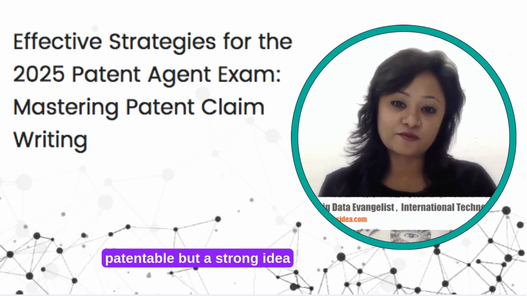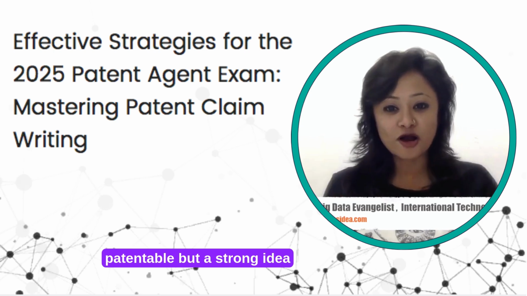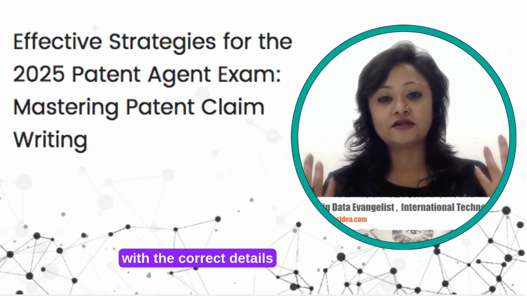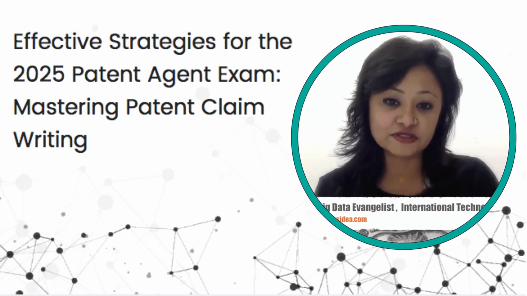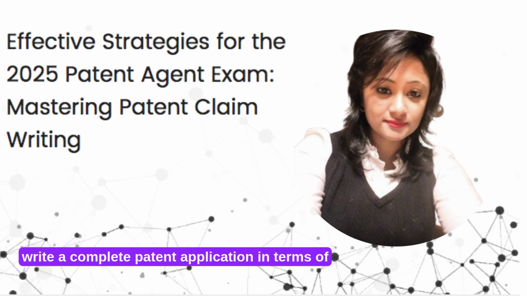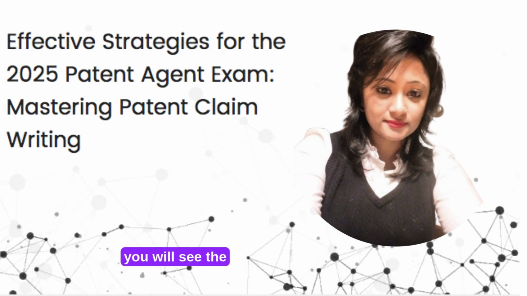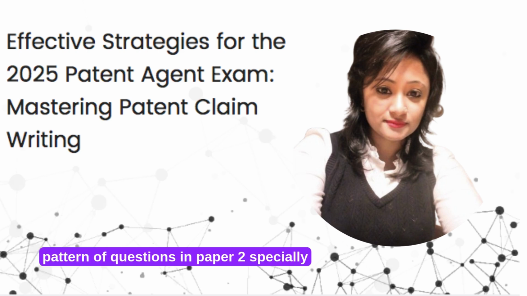An idea per se is not patentable, but a strong idea with the correct details, when the detailed description is written in the way it should be written. To write a complete patent application, you will see the pattern of questions in paper 2 especially, where you need to write a complete specification for the innovation or technology in question, or otherwise you will get a question on writing a provisional patent application.